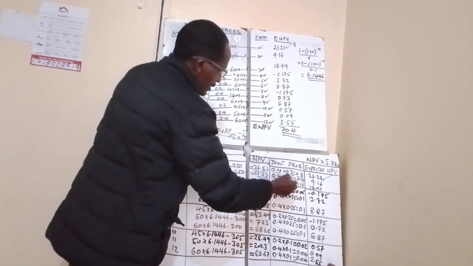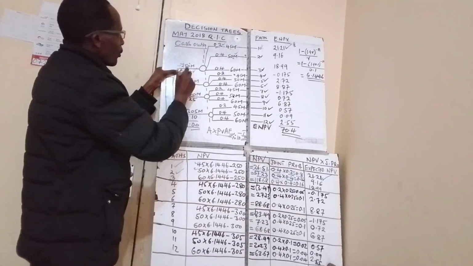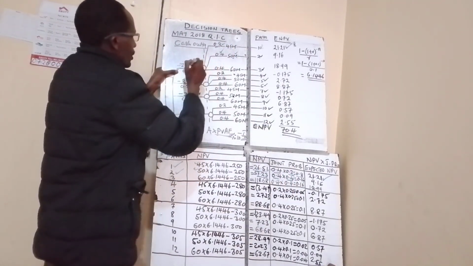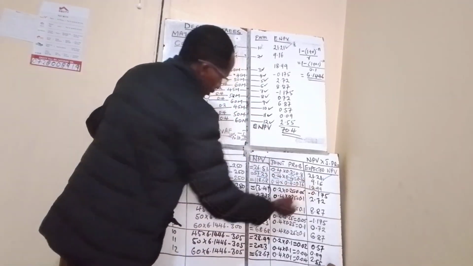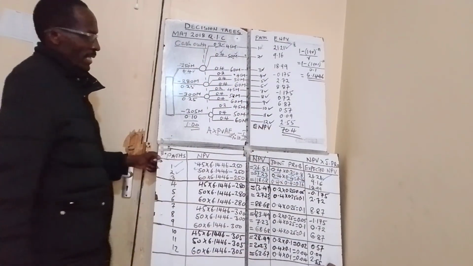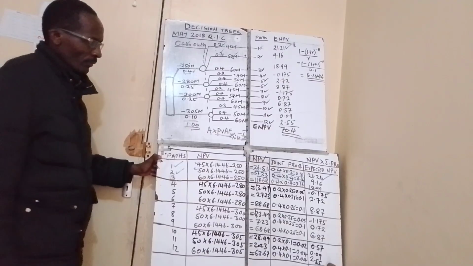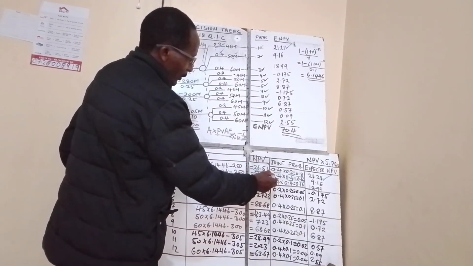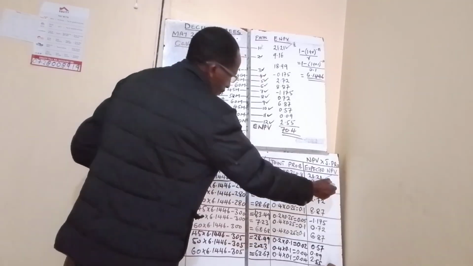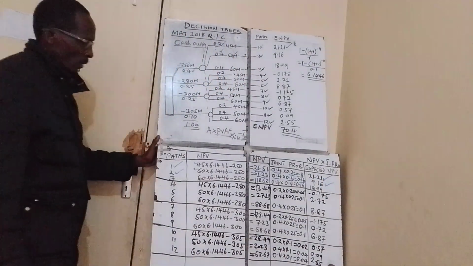Then joint probability is 0.4 times 0.4, I will get 0.16. What is my expected net present value? I just multiply 57.23 times 0.16. I get 9.16.